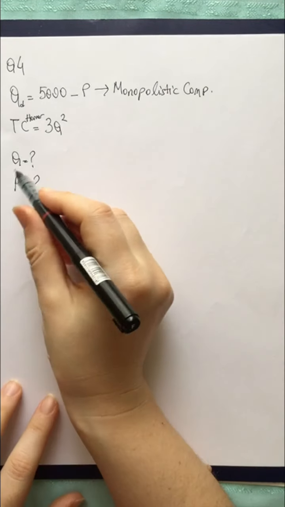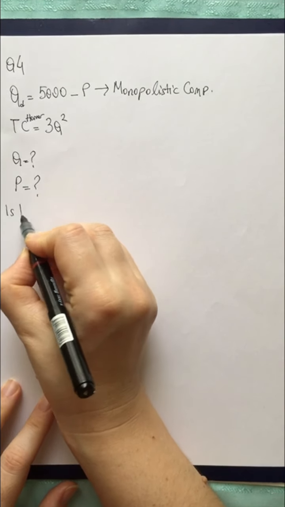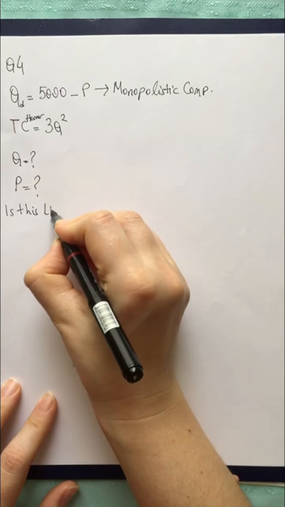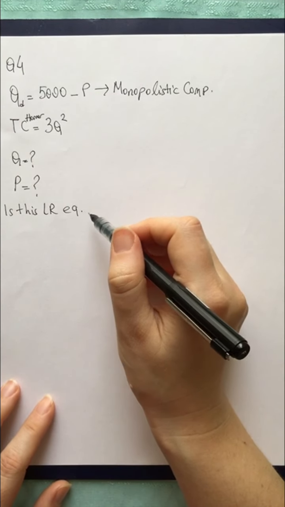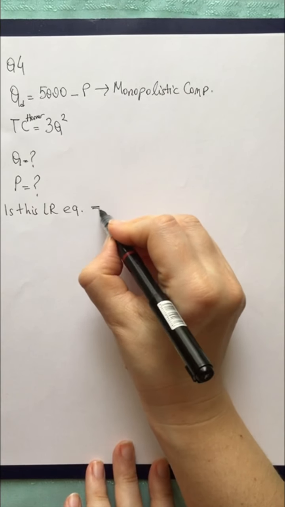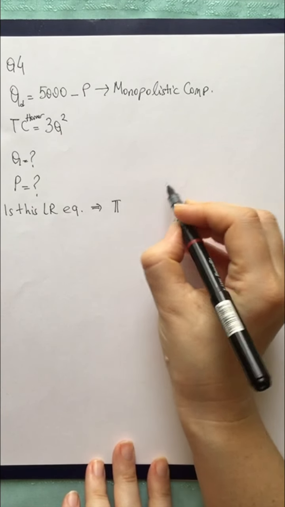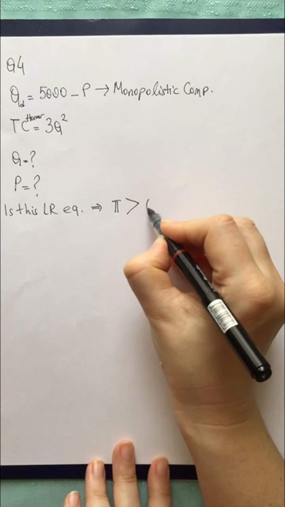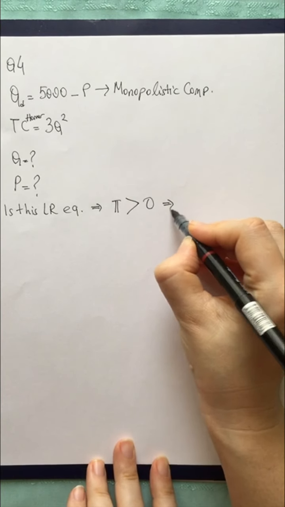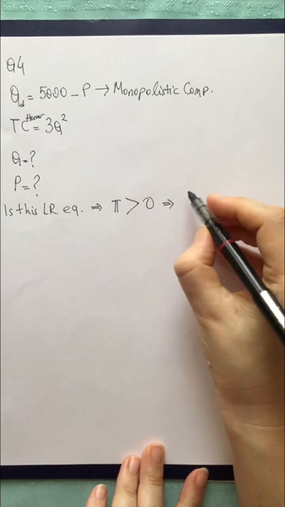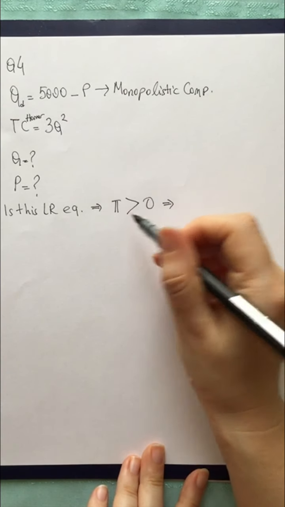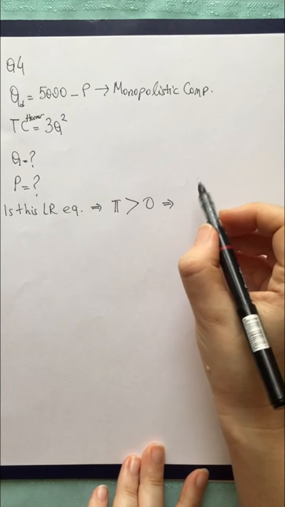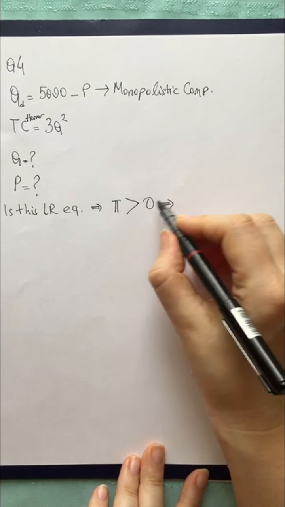It is also asked, is this a long-run equilibrium? How can we decide if it is long-run equilibrium or not? The criterion is the profit of Homer's boat. It could be negative or positive, both are possible.